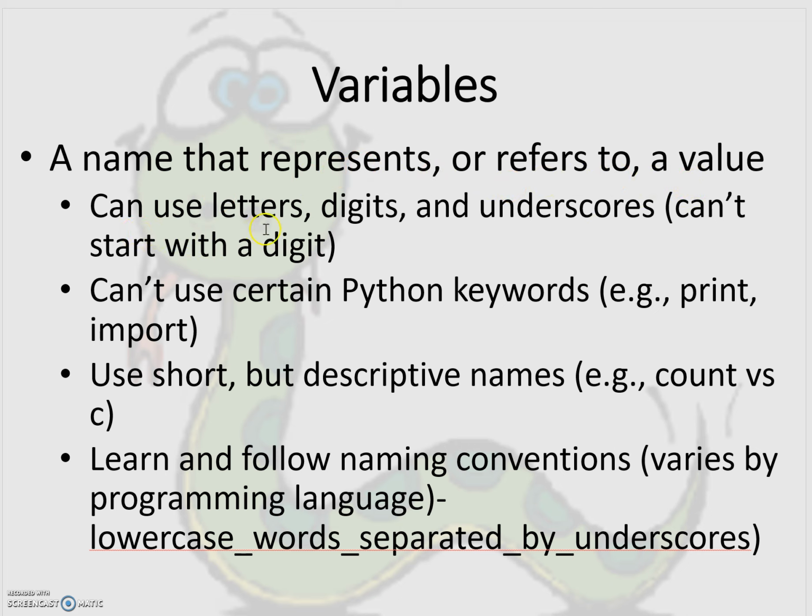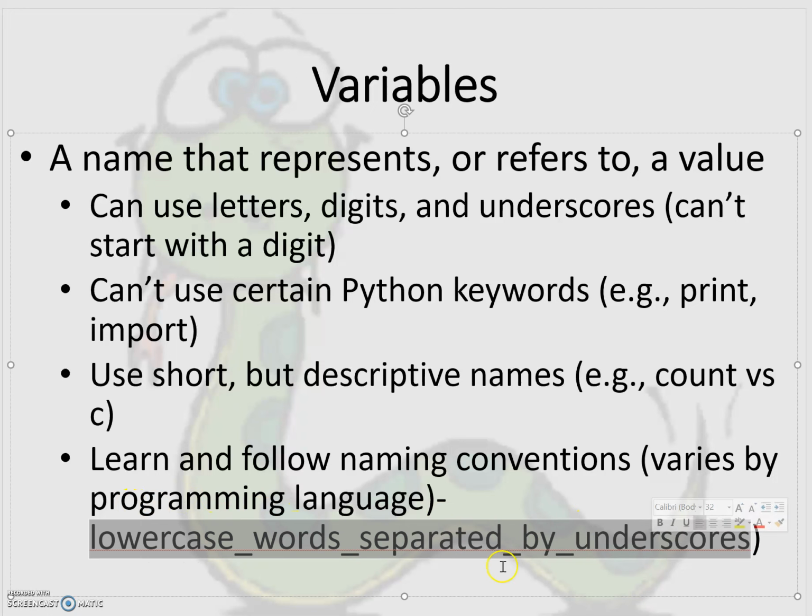It can use letters, digits, and underscores, but cannot start with a digit. We cannot use certain Python keywords, for example print, import. Use short but descriptive names, count versus c. Learn and follow naming conventions, which vary by programming language. Like this is too long.